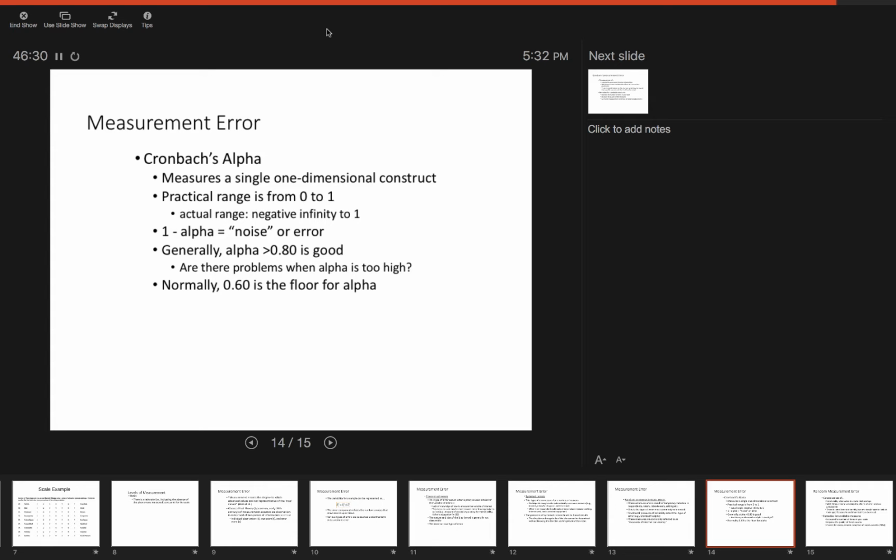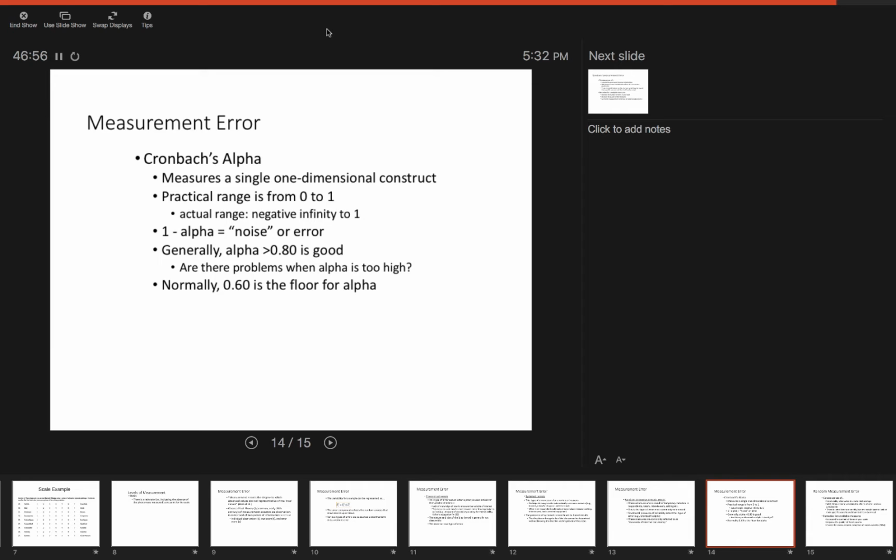And we can think about alpha as being, 1 minus alpha is the amount of noise or error that we have in the data. So if you calculate your alpha and it's 0.8, 20% of the variability can be thought to be noise. If it's 0.5, half of the variability in your data can be thought to be noise.